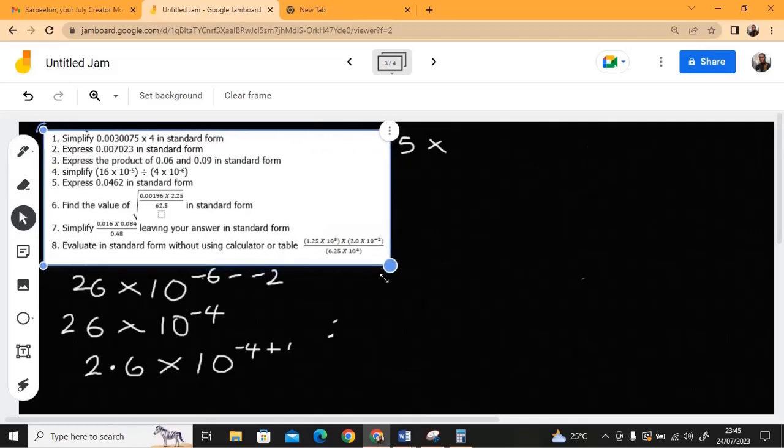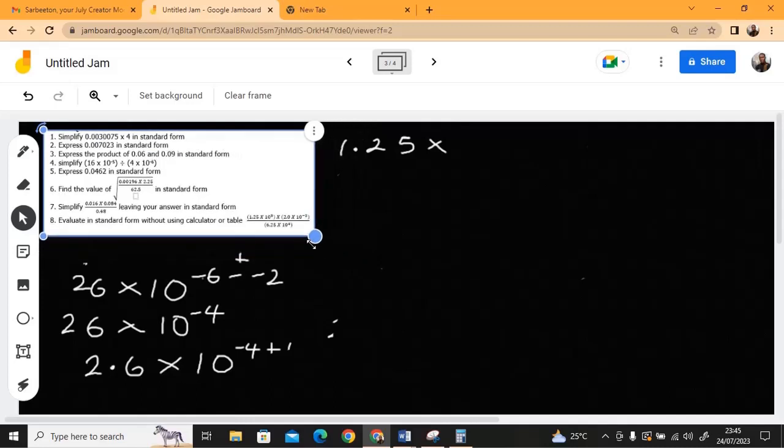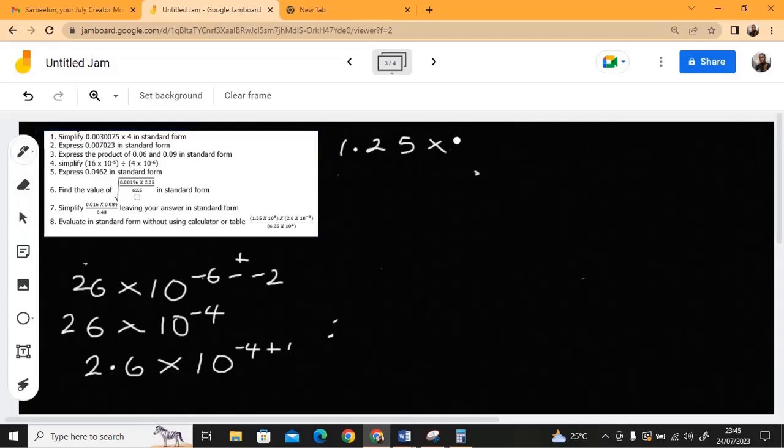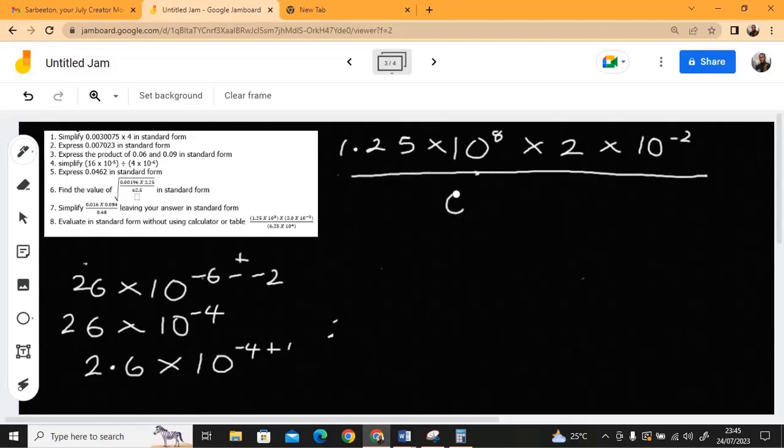Okay, times 10 raised to the power 8, times 2 times 10 raised to the power minus 2, all over, you are dividing by 6.25 times 10 raised to the power of 4.